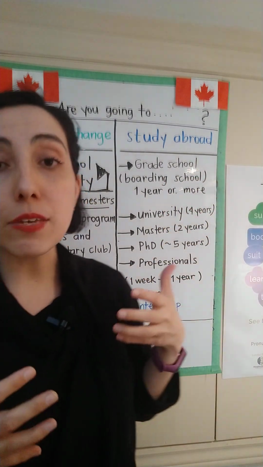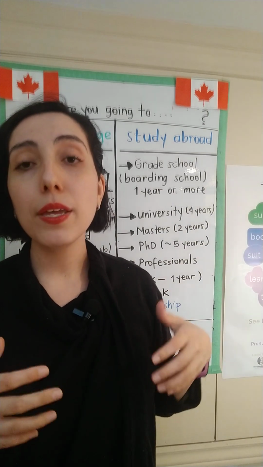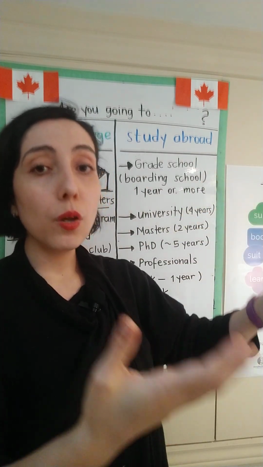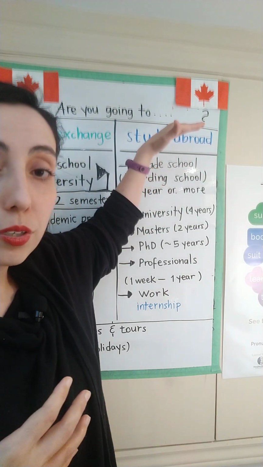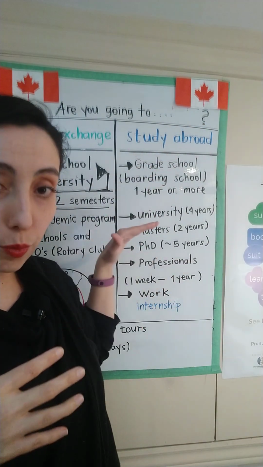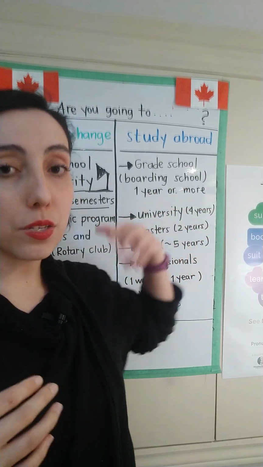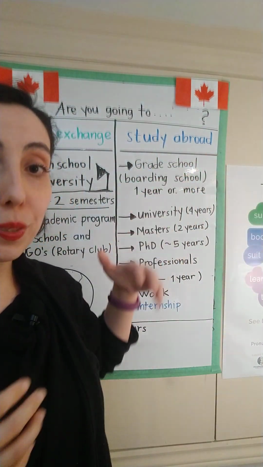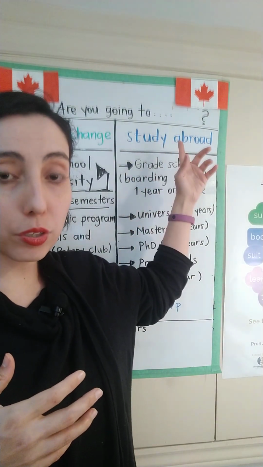Now, what happens if you want to study a university program in a different country? Well, in that case, you have to study abroad. You are going to start and complete your program in a different country. You will be an international student, and then you will be studying abroad.